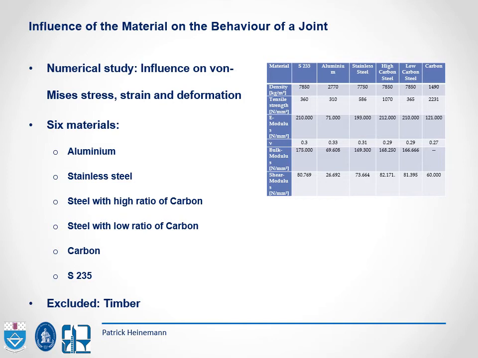I tested aluminum, stainless steel, steel with high and low ratio of carbon, carbon itself, and the steel grade S235, which is one of the most common steel types in Europe. On the right hand side you can see a table with the material properties I used. Timber was excluded in these studies because of the heterogeneity of the material.